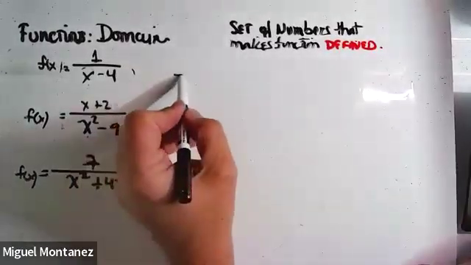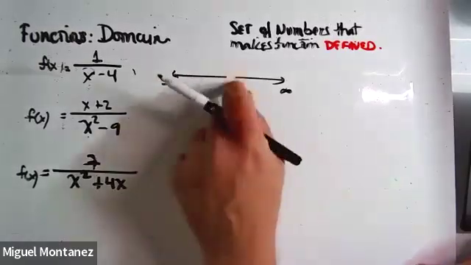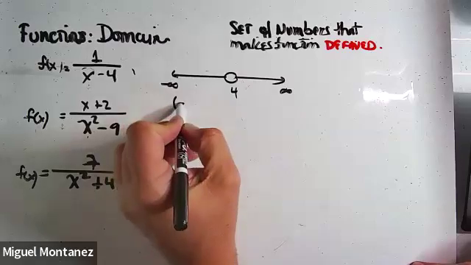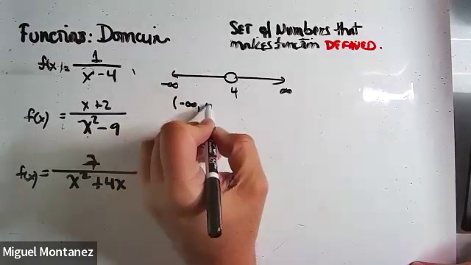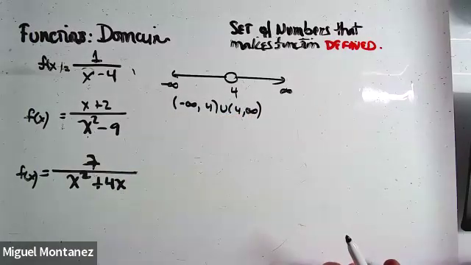So what would be the domain? If you recall, folks, if I have my real line from negative infinity to infinity, I'm going to avoid 4. So the domain is given by negative infinity to 4 union 4 to infinity.